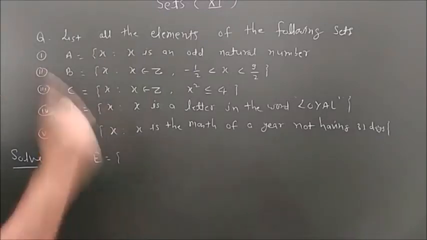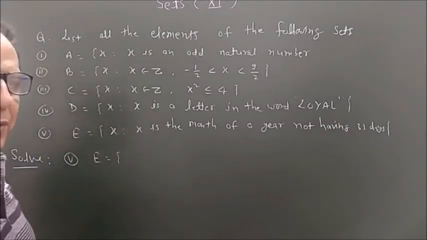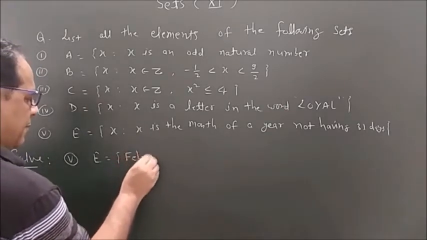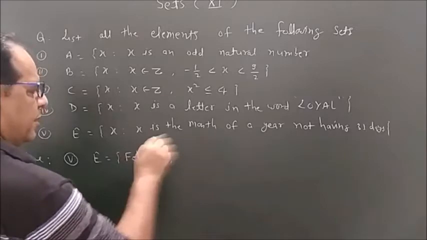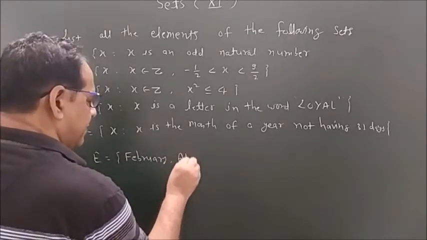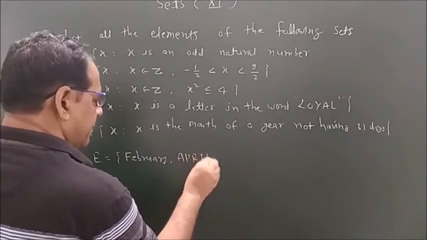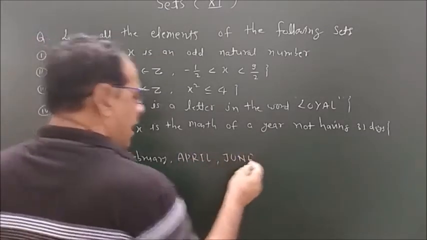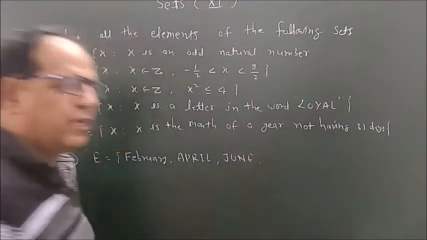The first month is January, having 31 days. Second is February. Third is March, 31 days. April. Similarly, June, July and August, both are having 31 days.